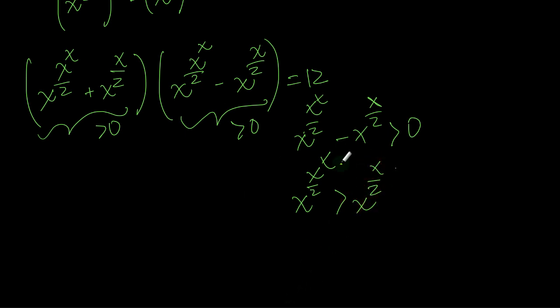Given this, guys, what we're going to consider now are the factors of 12. How many ways can I write 12? 12 can be equal to 1 times 12, 2 times 6, and 3 times 4.